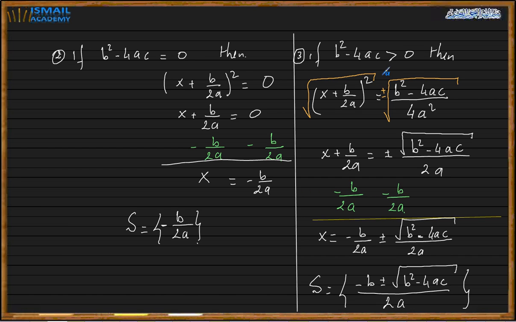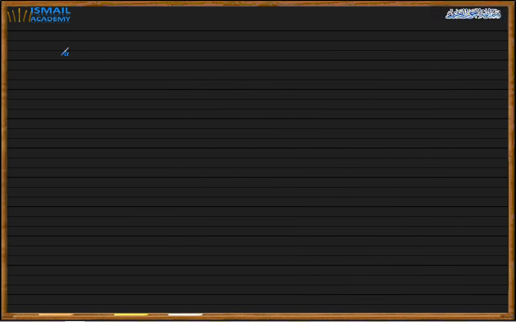Let's do an example. In that case, you will see how it works with numbers. Suppose I want to solve this equation using completing the square: 2x squared plus 3x plus 5 equals 0.